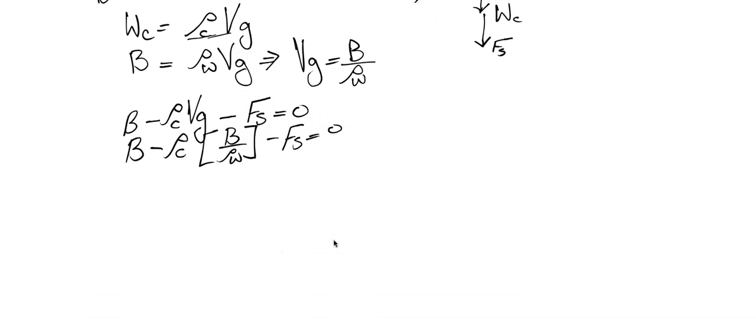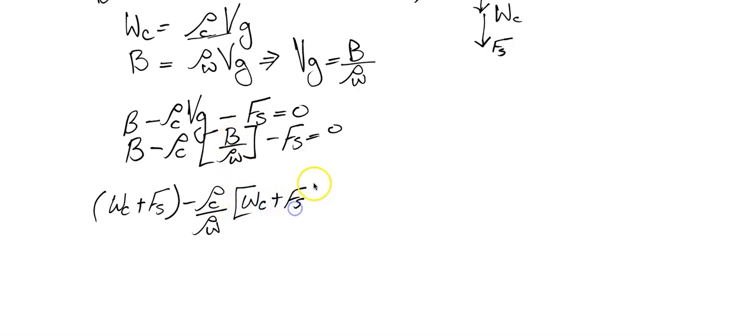And now if we continue and we plug in what B is, the weight of the cork plus the force of the spring, minus the density of the cork over the density of water times B, which is again the weight of the cork plus the reading of the spring, minus Fs, this equals 0.